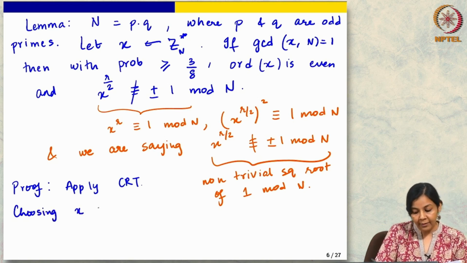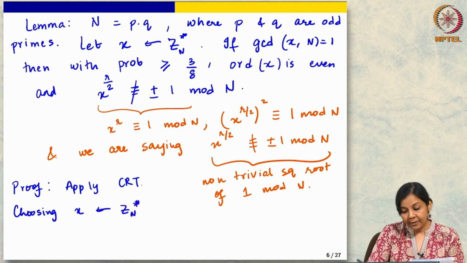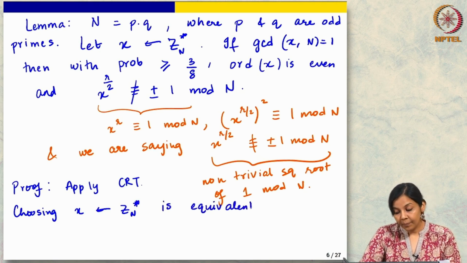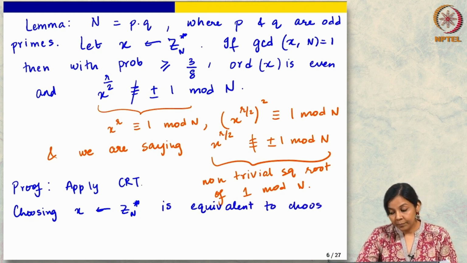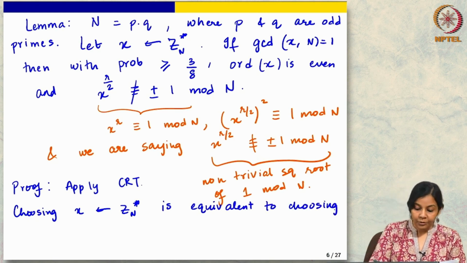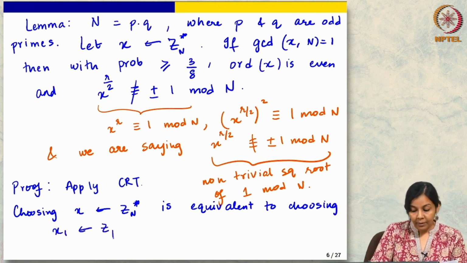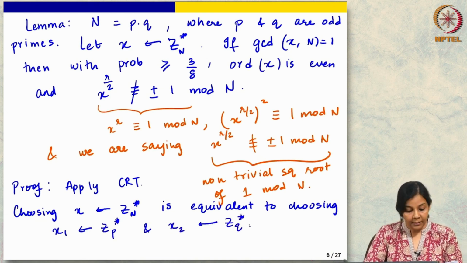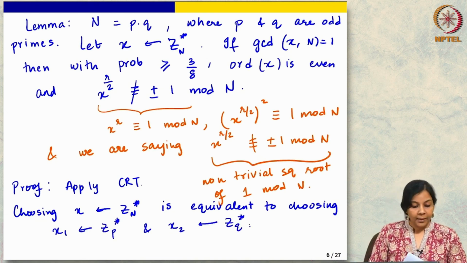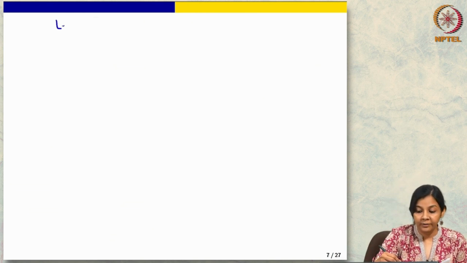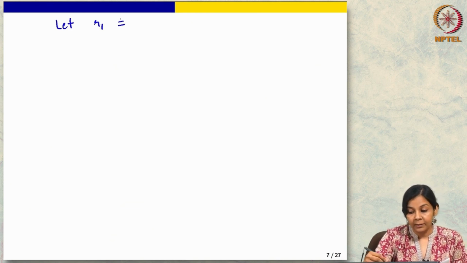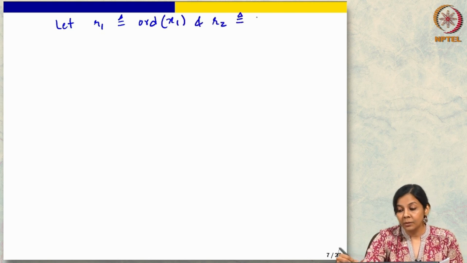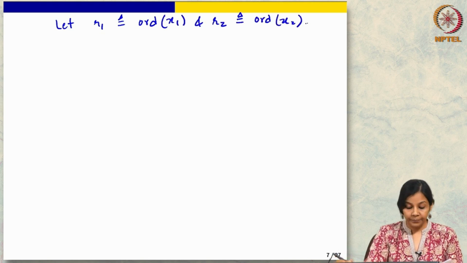So choosing x randomly in Zn star is equivalent to choosing x1 in Zp star and x2 in Zq star. This is just by CRT, and as I already said, I am going to let R1 denote the order of x1 and R2 denote the order of x2.